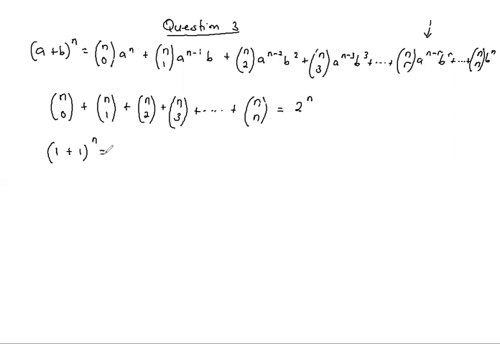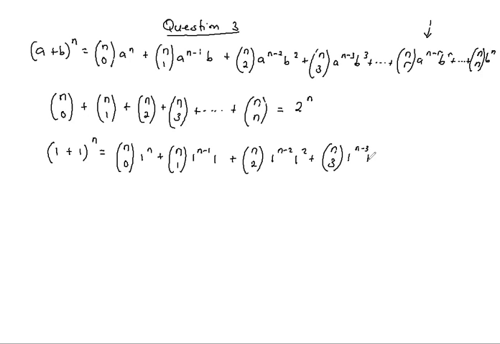to the power n. This will give us n choose 0, 1 to the power n, plus n choose 1, 1 to the power n minus 1, 1, plus n choose 2, 1 to the power n minus 2, 1 squared, n choose 3, 1 to the power n minus 3, 1 cubed. You keep going until you have n choose n, 1 to the power n.